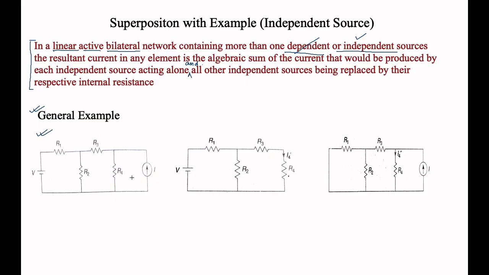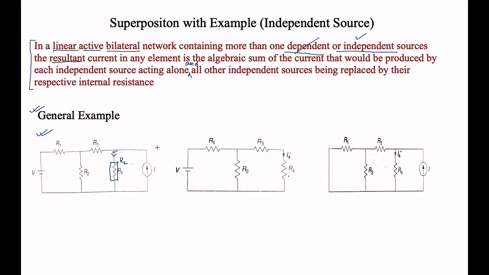We want to find the current through this R4 resistance, the load resistance RL. By the superposition theorem, we need the resultant current, because in this load resistance some current is supplied by the voltage source and some by the current source.